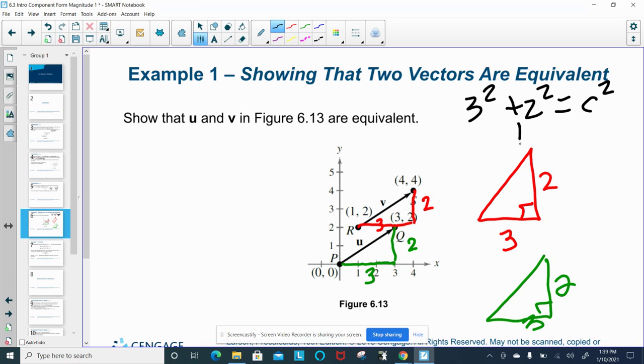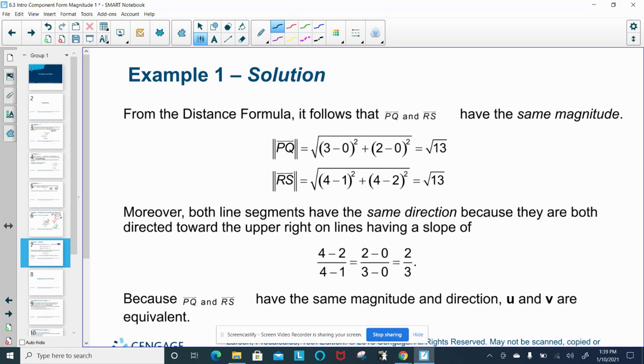That'll be 9 plus 4 is 13. So our magnitude is the square root of 13. So I don't feel the need to have you memorize the distance formula because you can use the Pythagorean theorem, which is the same thing, just rearranged.